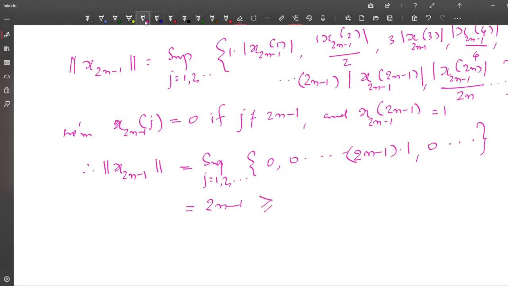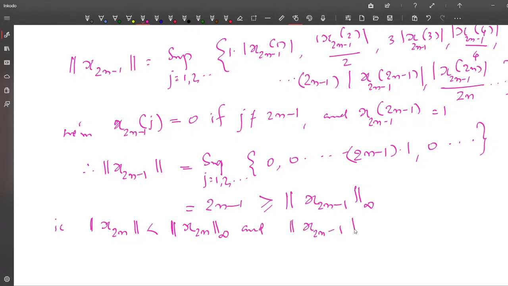This is greater than or equal to the sup norm of x_(2n minus 1). That is, the norm of x_2n is less than the sup norm of x_2n, and the norm of x_(2n minus 1) is greater than or equal to the sup norm of x_(2n minus 1).